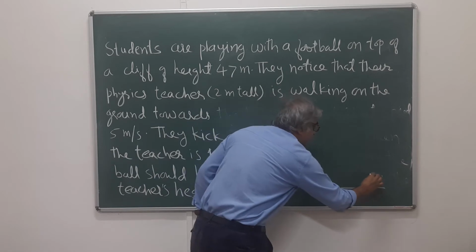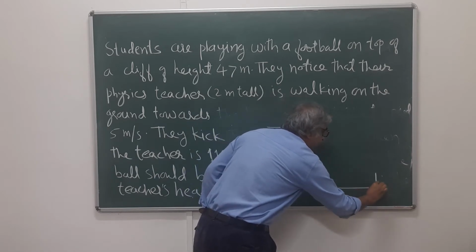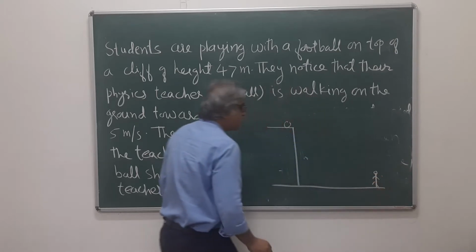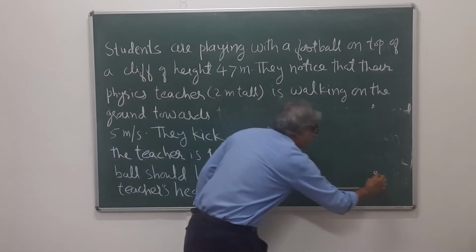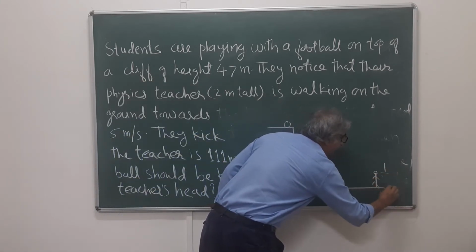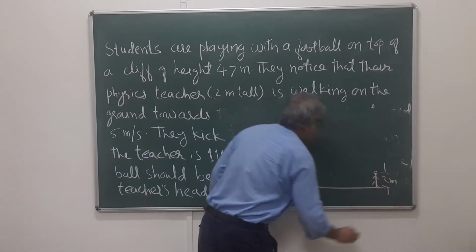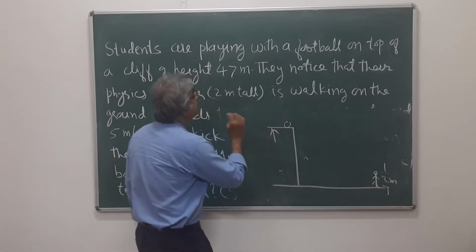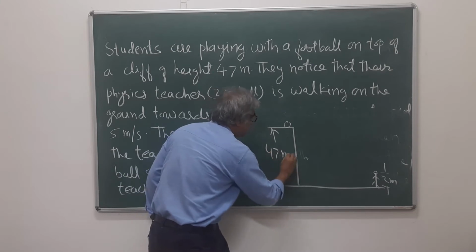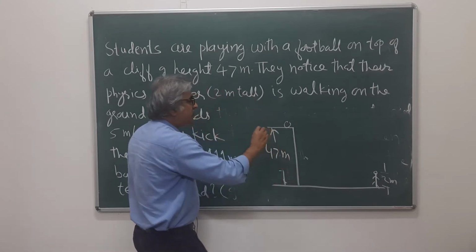And let's say the teacher is here. This is the teacher, and we are told that the teacher is 2 meters tall, so this height is 2 meters. The ball is kicked. This height is 47 meters. The ball is kicked horizontally.